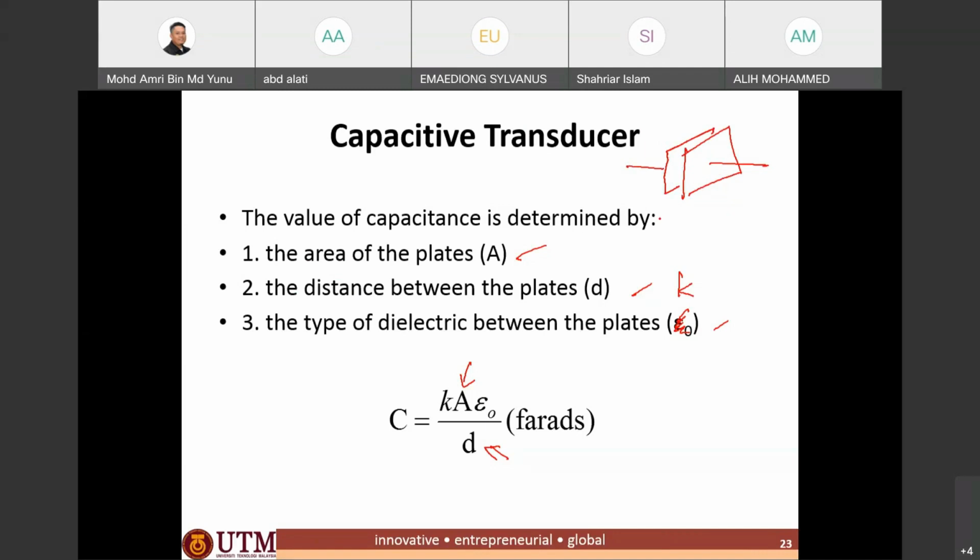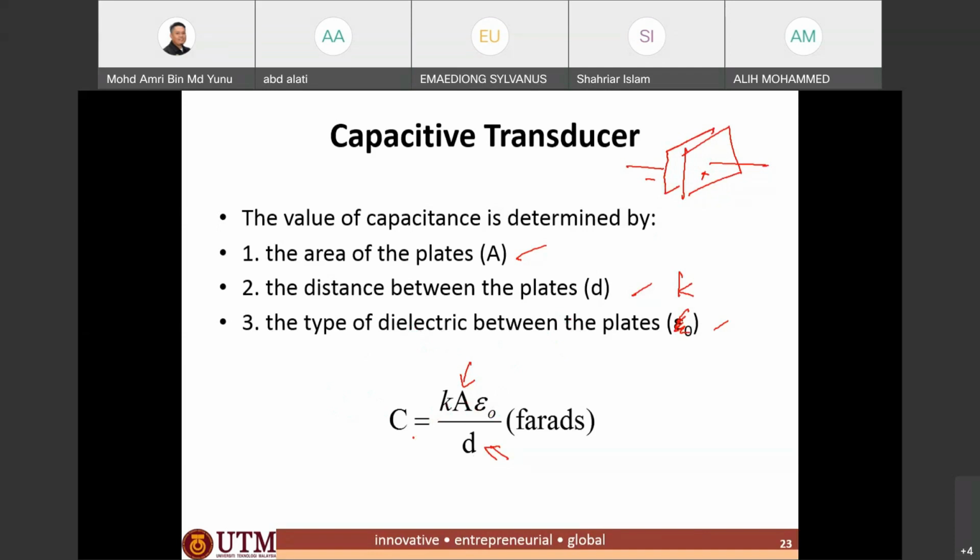The capacitance of the transducer can be calculated by knowing the surface area between the plates, the distance between the plates, and the dielectric constant of the insulator between the plates.